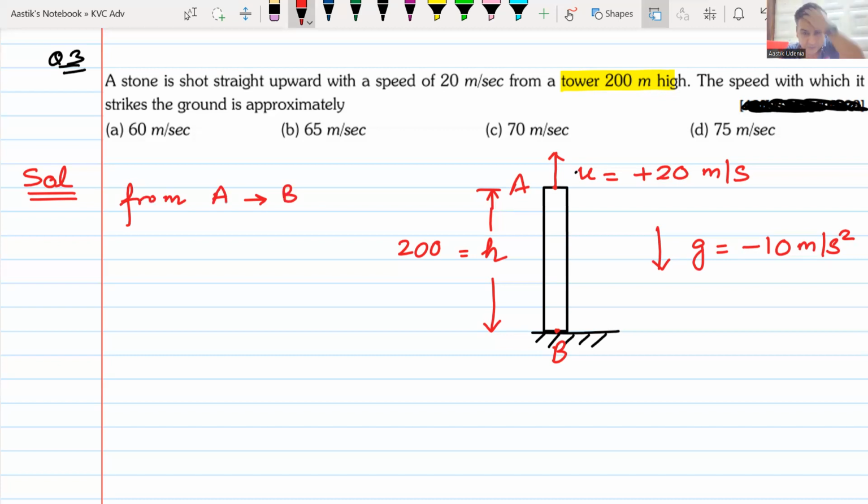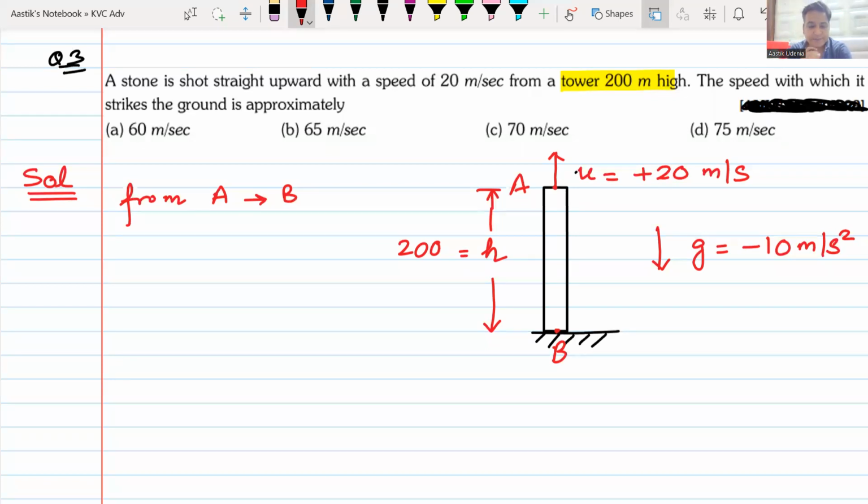Doesn't matter. Because the acceleration is constant, I can straight away make the equation from A to B. u is plus 20, g is minus 10, and from A to B, the displacement is 200 in the negative direction. Do we understand this? Yes or no?